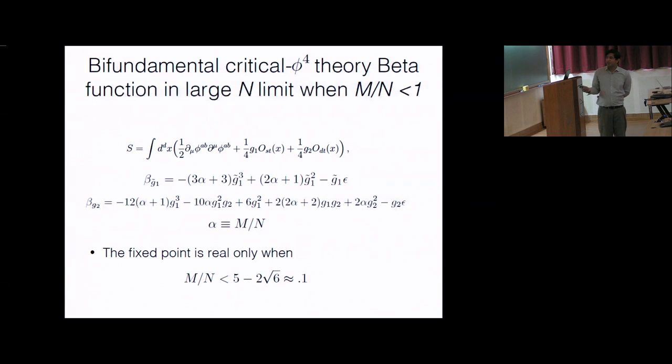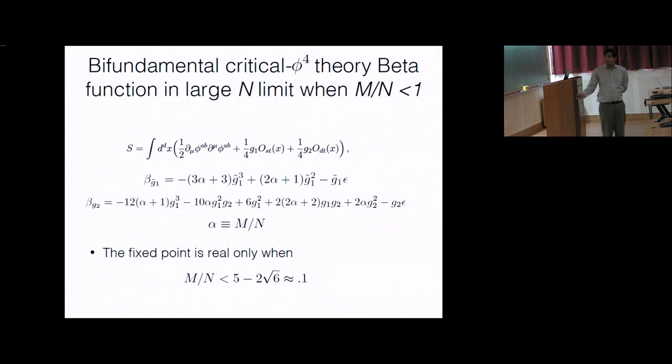Here the coefficients depend on alpha. Solving for a real fixed point where G1 is non-zero, it turns out it's only possible when alpha is less than this number, or 1 over alpha is bigger than this number, which is 0.1. So there is a real fixed point, but as you increase m over n from 0 to 0.1, somehow it becomes complex.